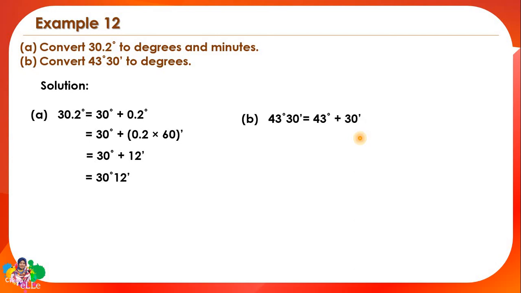Yeah, by dividing by 60. Okay, so 30 divided by 60, you will get 0.5 degrees. Therefore, when you change this figure into degrees, you will get 43.5 degrees. It is very simple.